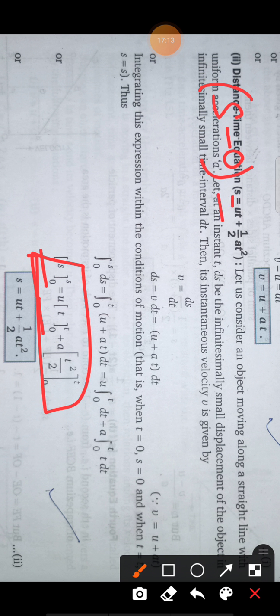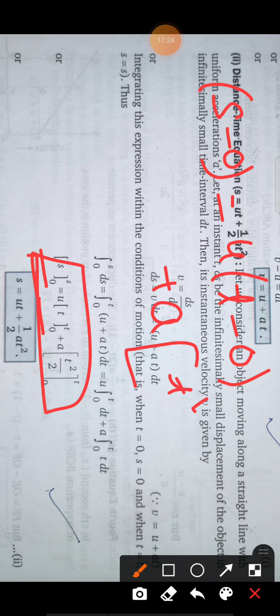So this equation becomes s from 0 to s plus u t from 0 to t plus a t square divided by 2. Now you just have to put in the limits. s minus 0 equals u into t minus 0, upper limit minus lower limit, plus a into t square by 2 minus 0 square by 2.